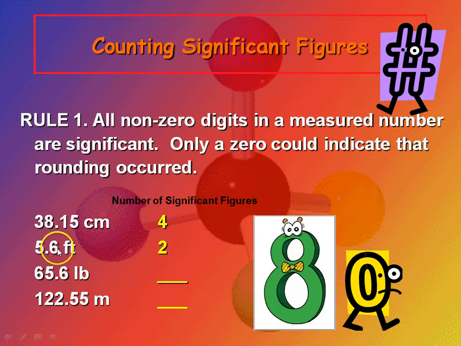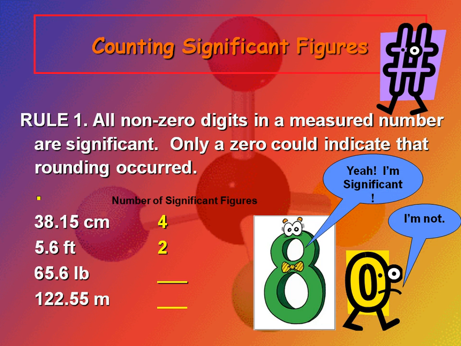So in this one we have 5.6 feet, two significant figures, 65.6 pounds. So how many significant figures there? Exactly. Oh, I'm a little ahead of myself. Three significant figures. There we go. There it is. Super job. Okay. Next one we have 122.55 meters.